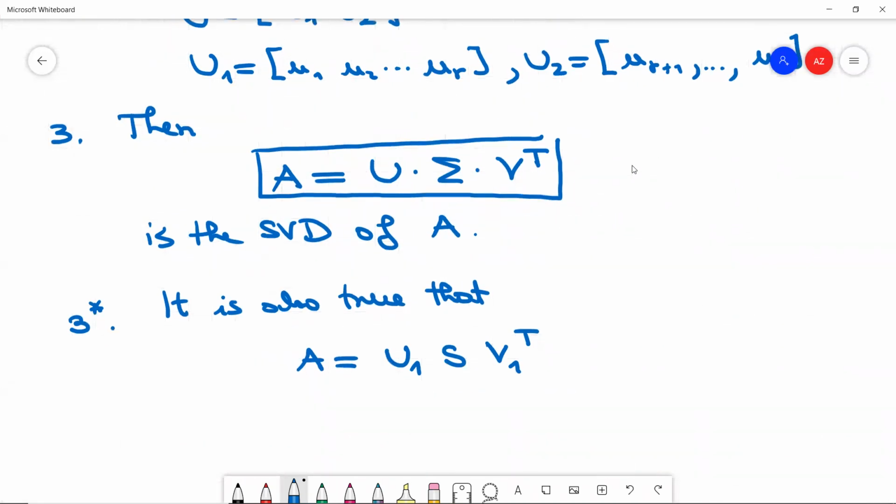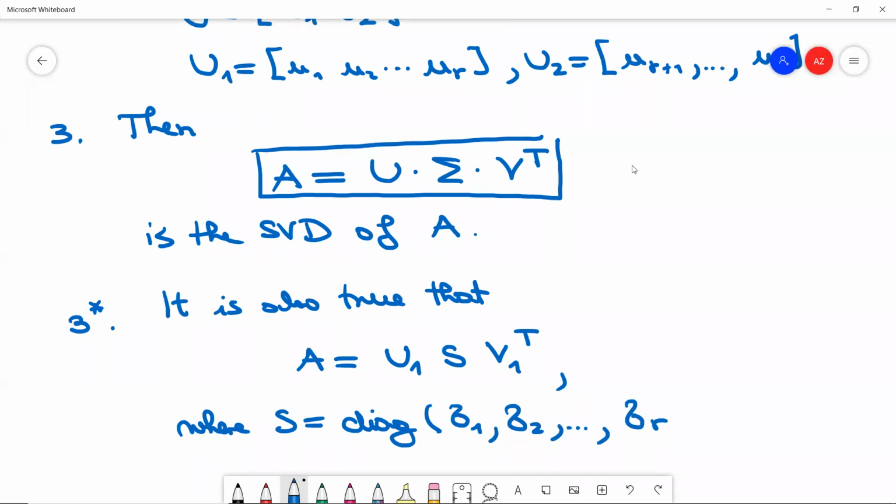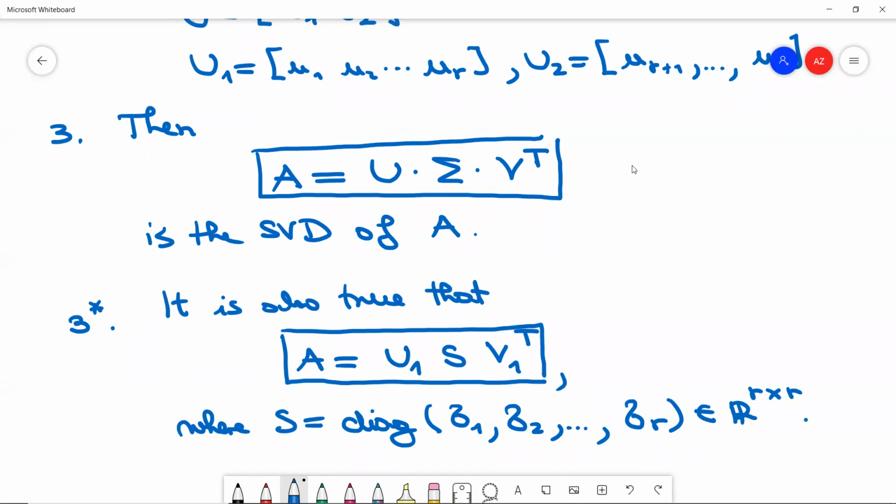I haven't defined S in this algorithm, so S is a diagonal matrix with non-zero singular values on the diagonal, so sigma 1, sigma 2, up to sigma r. And this is really a square matrix. So we don't need these U2 and V2 blocks. And it's really easy to check this.